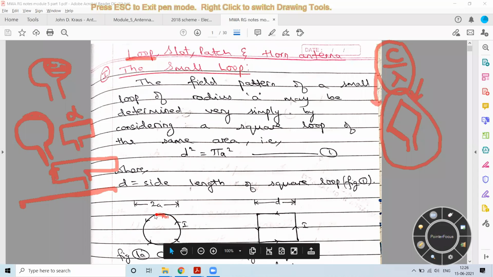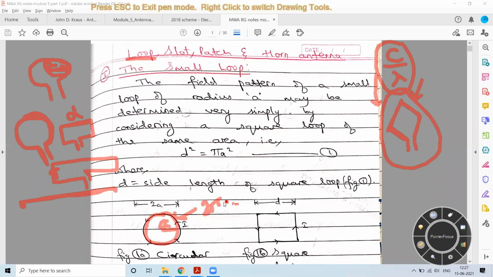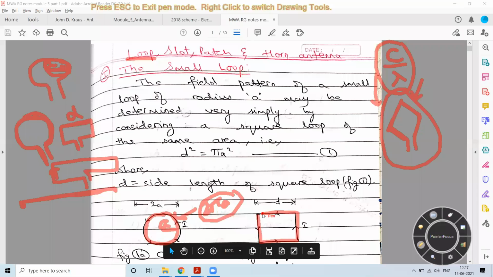If the loop is circular in nature and the radius is A, then its circumference is 2 pi A. Similarly, whatever shape it is, I need to first estimate the circumference, and the operating wavelength associated with this loop.